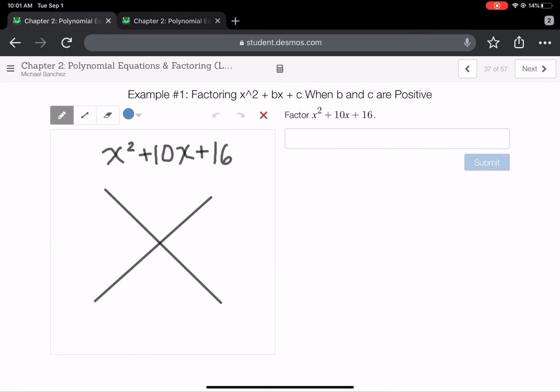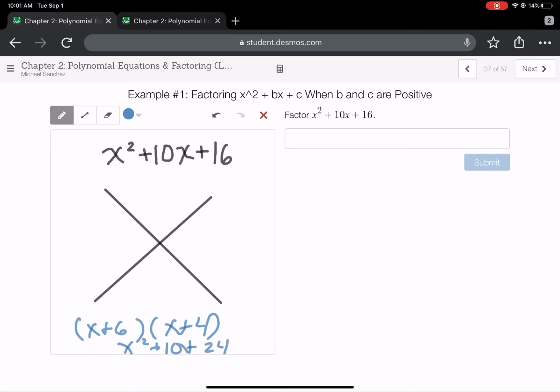Basically, factoring is going backwards from the previous section, where we had two binomials, say x plus 6 and x plus 4. We multiplied them using the distributive property and came up with something like x squared plus 10x plus 24.